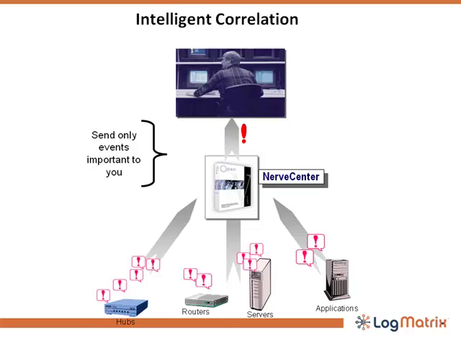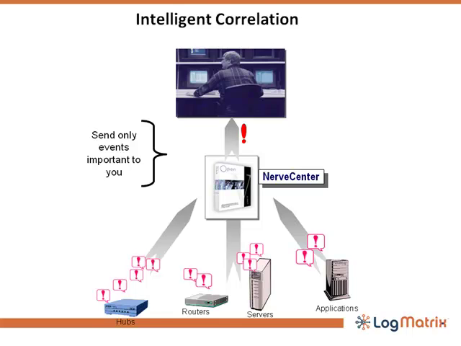If NerveCenter is in the middle, NerveCenter can interpret that information, go out and poll specifics for the router to see if in fact it is down or if it's lost its link or something of that nature, make a determination, and come back and send one inform to the upper level console that says the router is down to server farm A. You don't have to see 200 events, you get one.